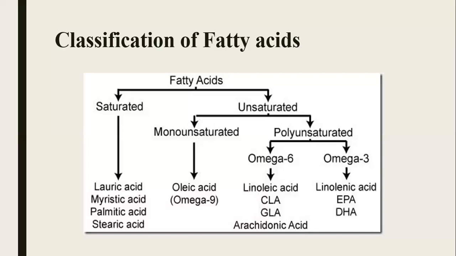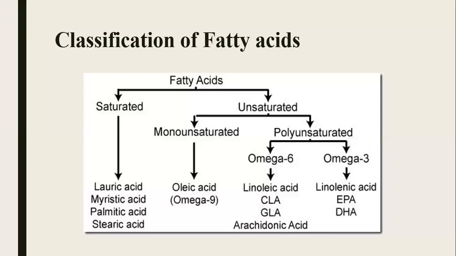And the other important example of a polyunsaturated fatty acid is linolenic acid. Linolenic acid is an 18 carbon containing polyunsaturated fatty acid with three double bonds. And linolenic acid can give rise to other polyunsaturated fatty acids like EPA, eicosapentaenoic acid, a 20 carbon containing polyunsaturated fatty acid with five double bonds.